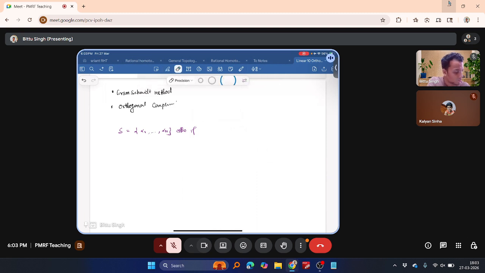Of course there is some inner product structure on the vector space.